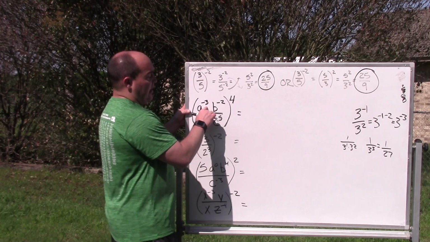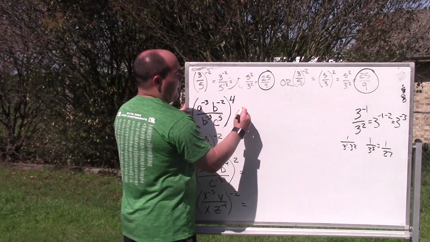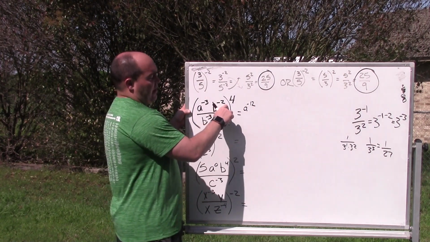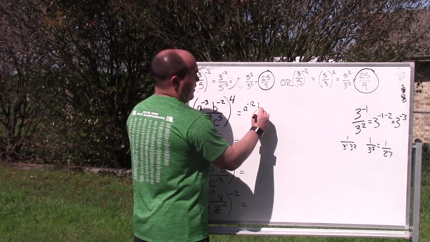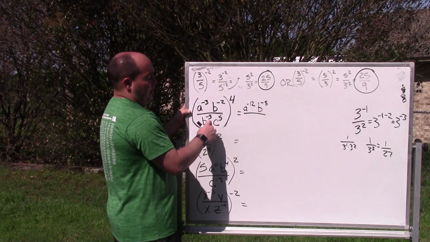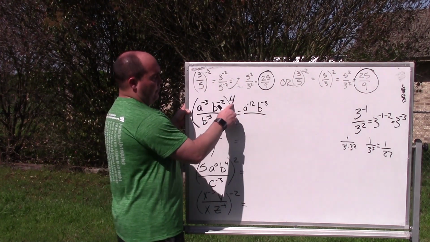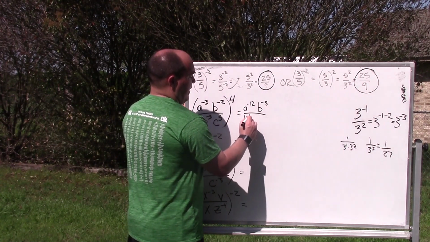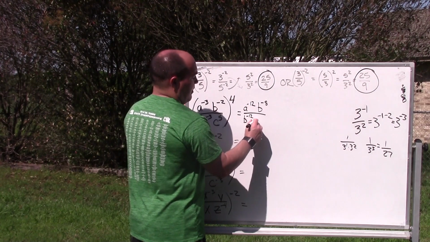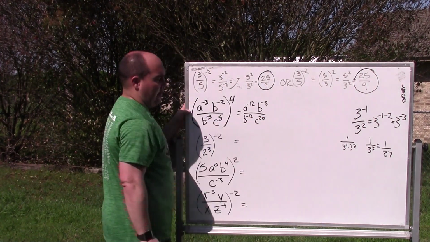So a to the negative 3, we multiply that times the 4, and we get a to the negative 12. Then we take the b to the negative 2 and do that times the 4 and get b to the negative 8. We take this b to the negative 3, it's on the bottom, that's fine, so b to the negative 3 to the 4th is b to the negative 12th, and then c to the 5th to the 4th makes c to the 20th.